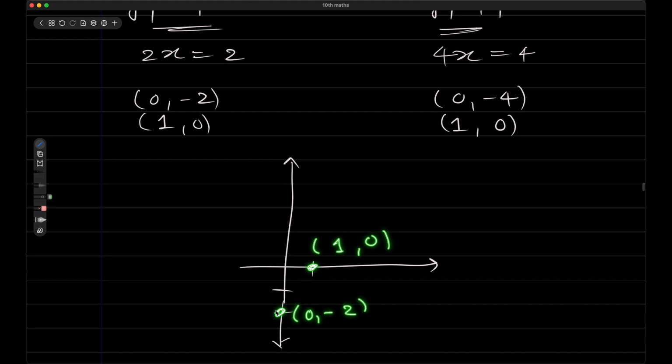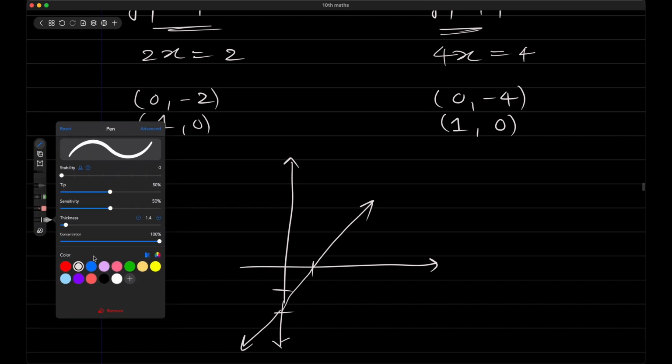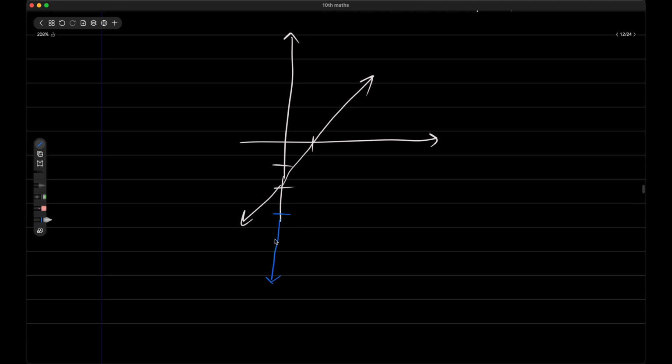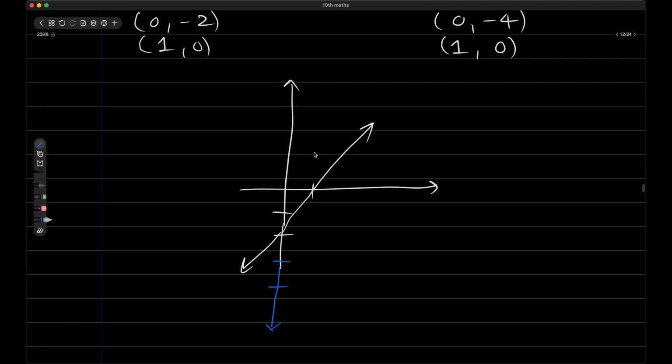For the second line, the points are 0, minus 4 and 1, 0.